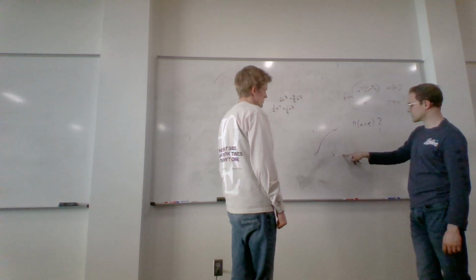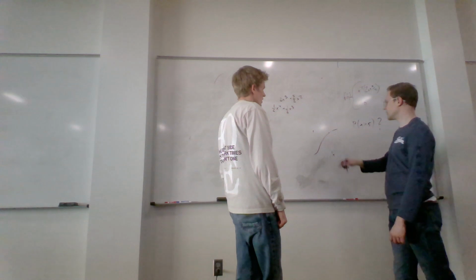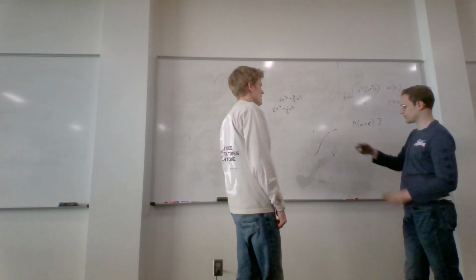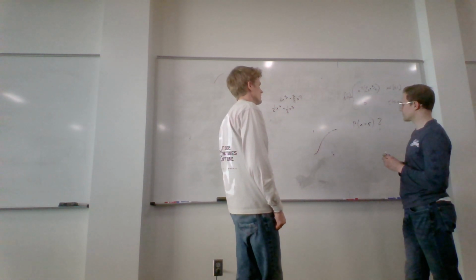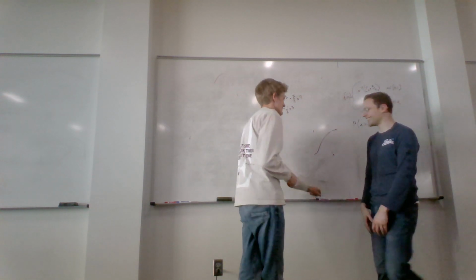This is going to give you the probability x is less than 0.5, so to get the probability x is more than 0.5, I take 1 minus that. That's what I was planning. Okay, do that.